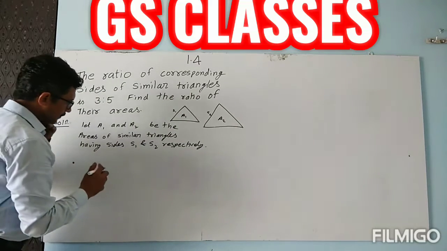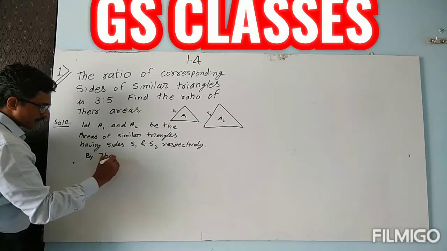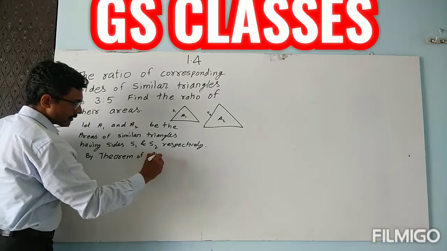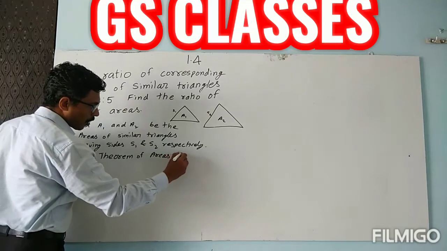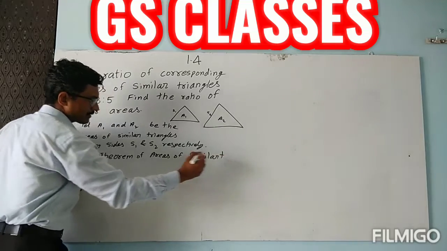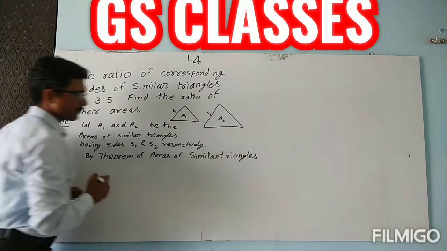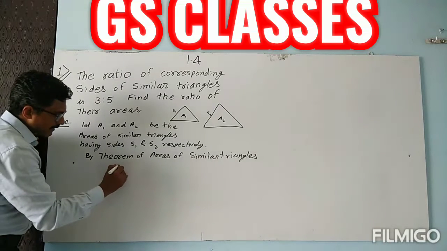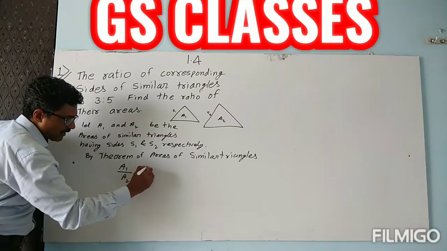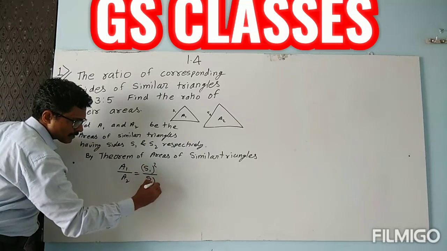Now children, we will write here by the theorem of areas of similar triangles. We can say that A1 upon A2 is always equal to S1 upon S2, the whole squared.